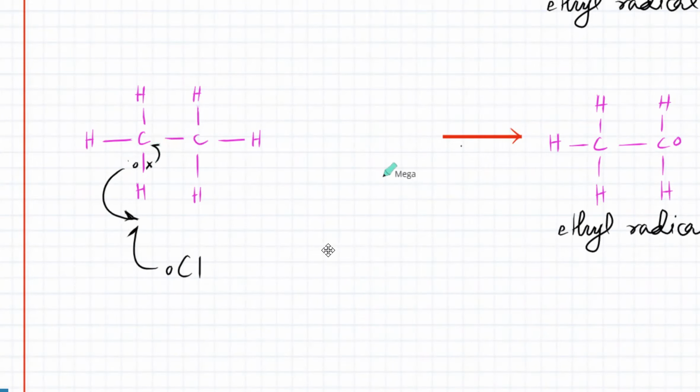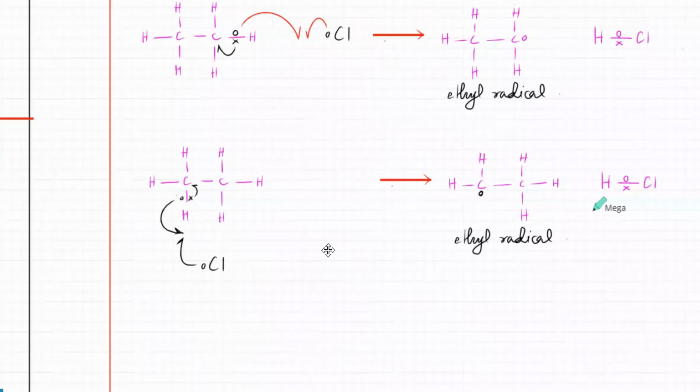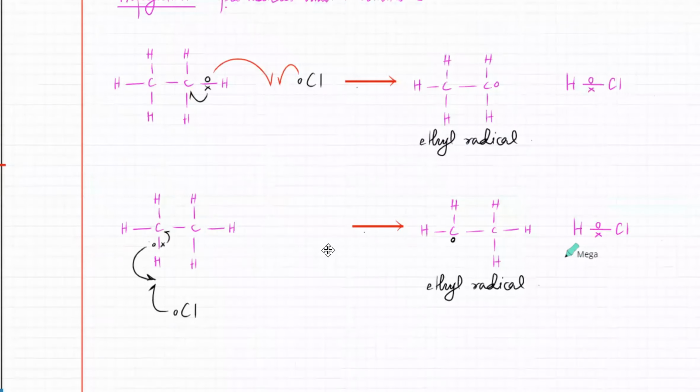So in this case, the radical that would be formed would not be on this one. I mean, this would still be H. In this case, this H would be lost, and the radical that would be formed would be on this carbon atom. So the Cl is attacking some other hydrogen atom. So the reaction is kind of the same. It's the direction that is different. Cl attacking this H, or the Cl could be attacking this H over here. Is that clear? सर हाँ.